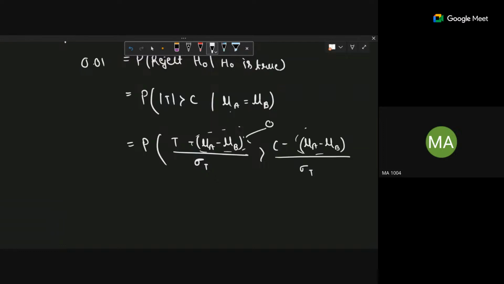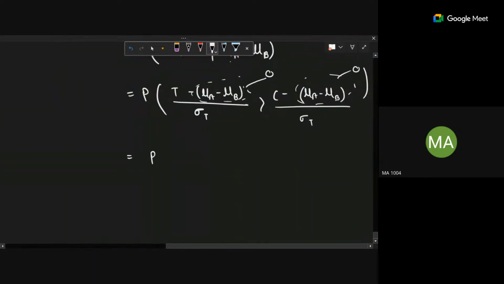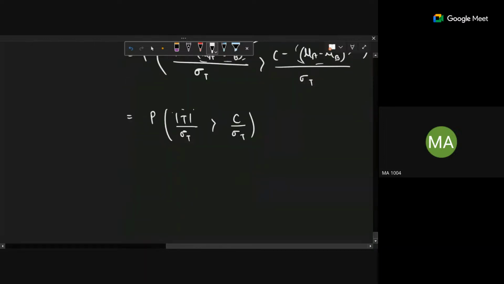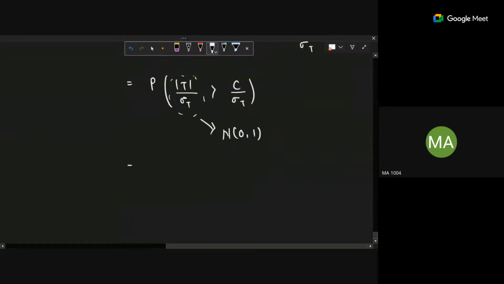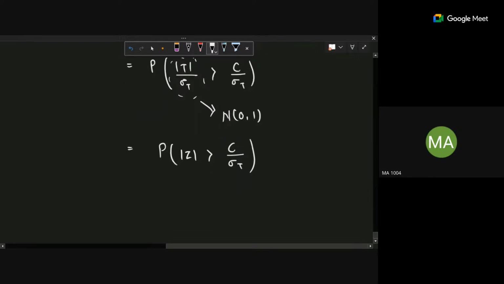So this is nothing but the probability of modulus T by sigma T greater than C upon sigma T. Now this will follow a Z distribution with mean 0 and variance 1, so we can write it as modulus Z greater than C upon sigma T. Now what is the value of C here and what is the value of sigma T?